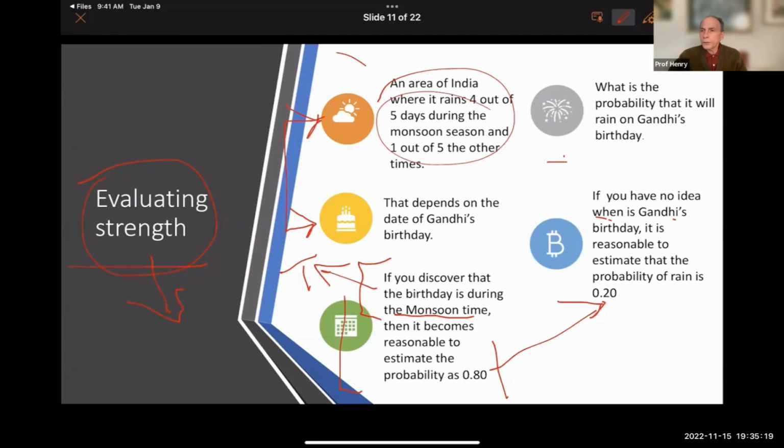So if you want to refute this claim of 80%, you have to look at the premises and see if you could discount the premise. And so, again, a major thing is to look at the strength of the premises.